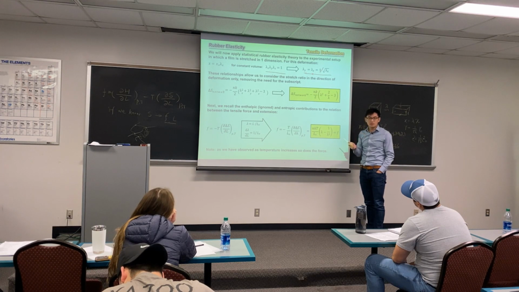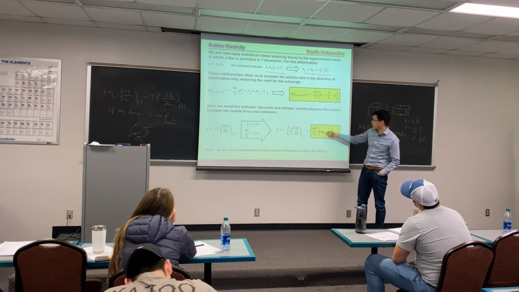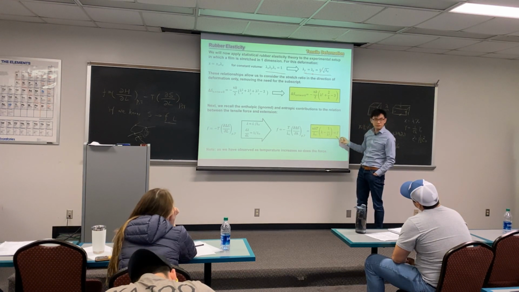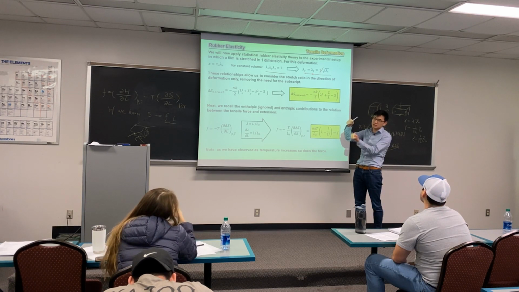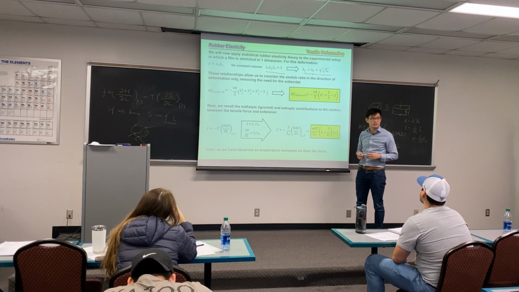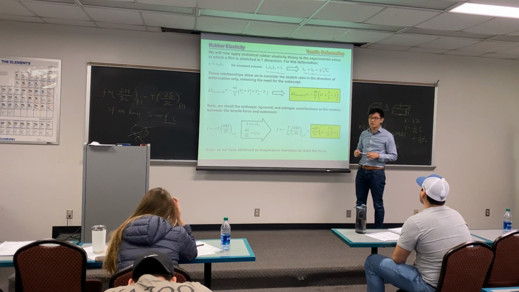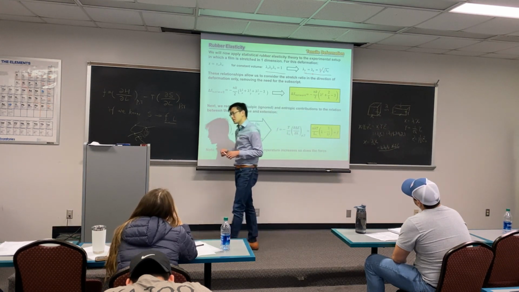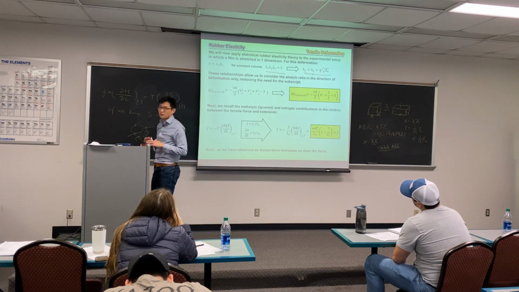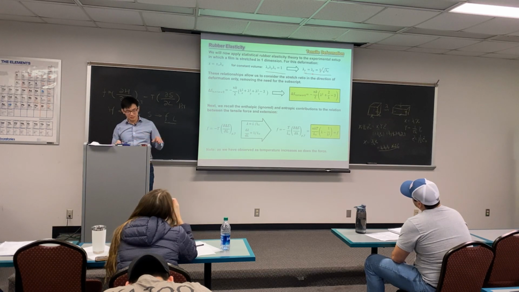So when you increase the temperature, the entropy term is proportional to T. That's why the force goes up. Or in other words, if you hang a constant weight, your rubber band will shrink if you increase the temperature. Instead, in the metal case, it doesn't have the entropy term related to T, so it will relax more.